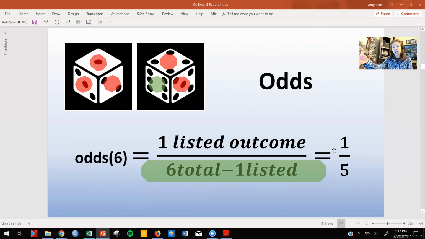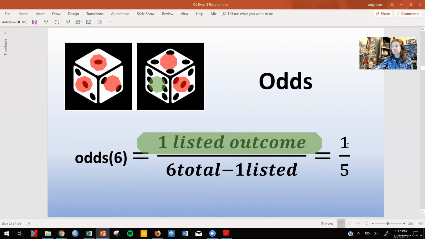Well, when we do odds, we count our favorable outcomes, that stays the same, but for our total outcomes, we take not the total of all the outcomes, but just the total of what's left over from what we listed. So the denominator is going to be the total outcomes minus what was listed. So in this case, my odds are 1 in 5.